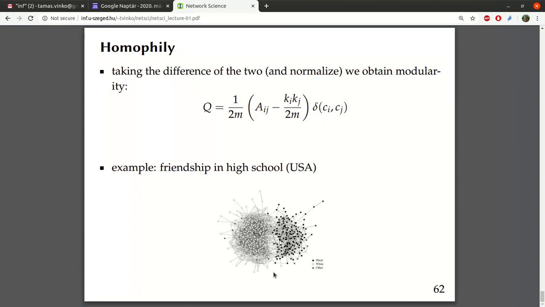They are definitely forming groups among themselves, at least the black students and the white students.